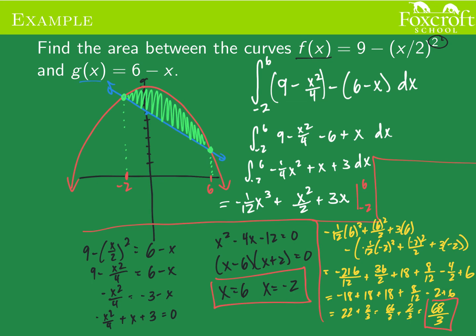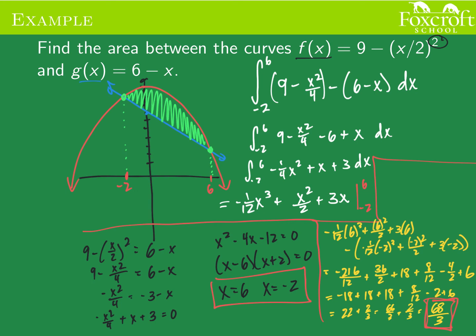I quickly worked out the final answer at the bottom. I plug 6 into the antiderivative I found, subtract what I get when I plug in -2, and after some simplifying and combining terms I got this answer at the end. I have no guarantee that it's the final correct answer, but all the steps make sense. We figure out the endpoints where the two curves intersect by setting the equations equal to each other.